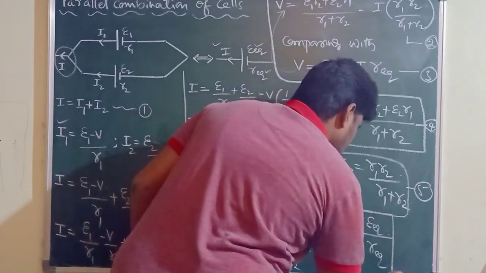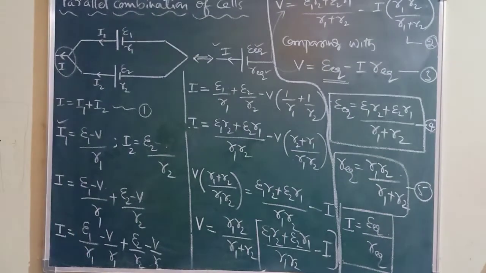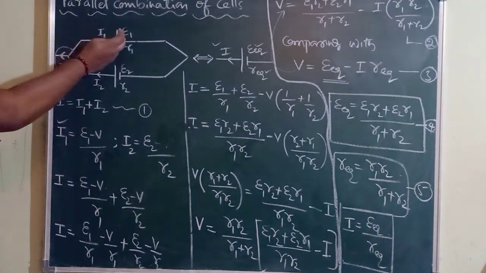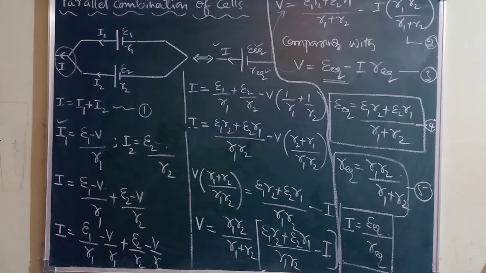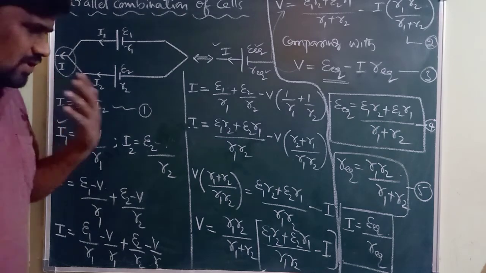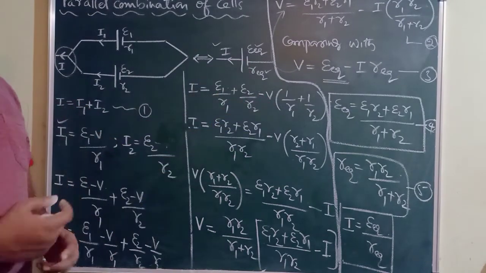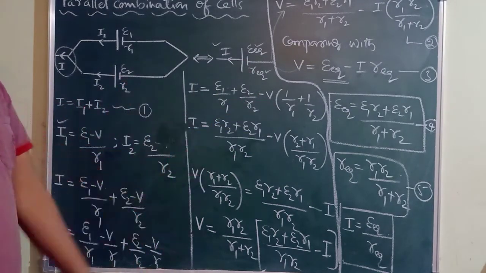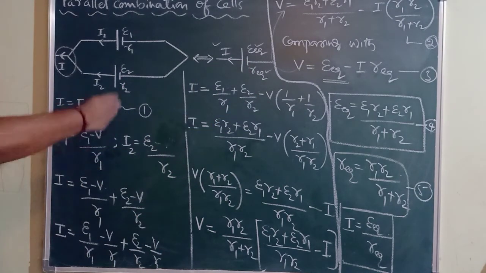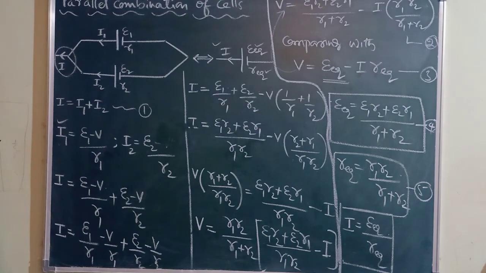It is the total current drawn from the two cells which are connected in parallel. So this is how you determine the equivalent EMF and equivalent internal resistance when the two cells are connected in parallel.